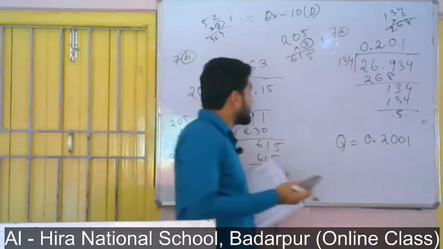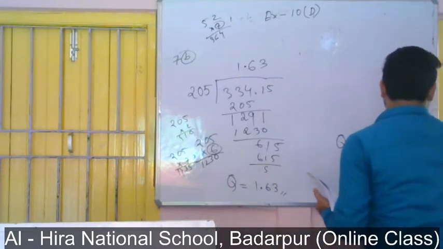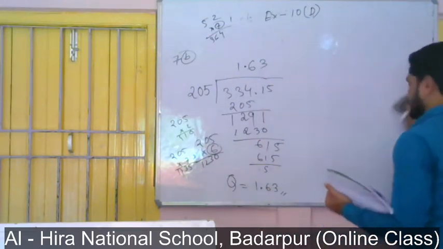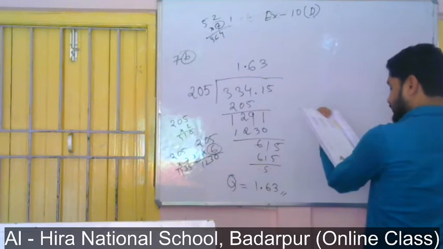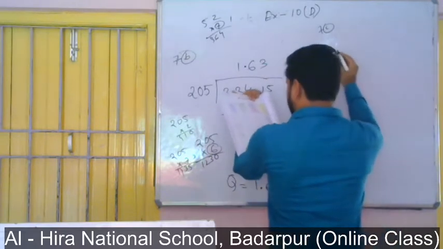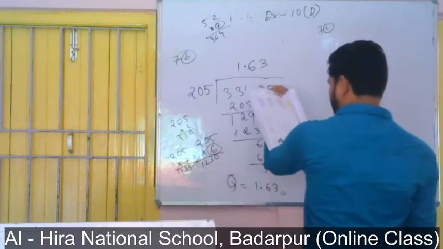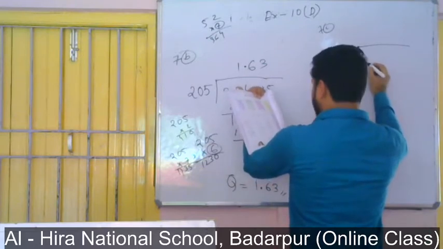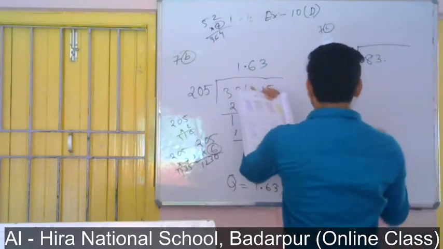Now come to 7C. The divisor is 275. 275 is the divisor, and the dividend is what? 83.325.